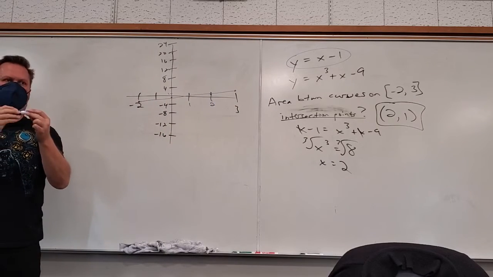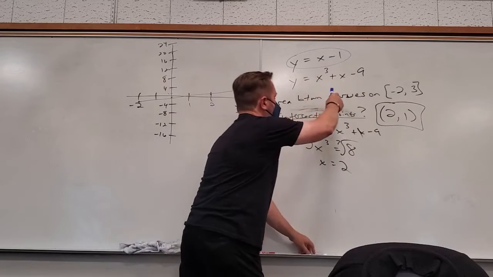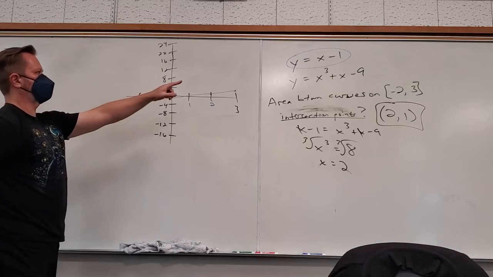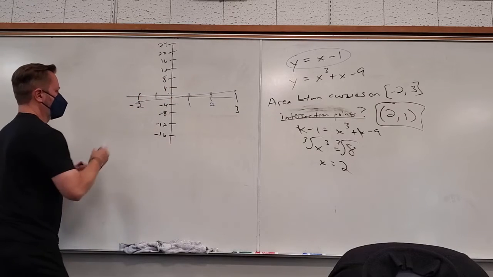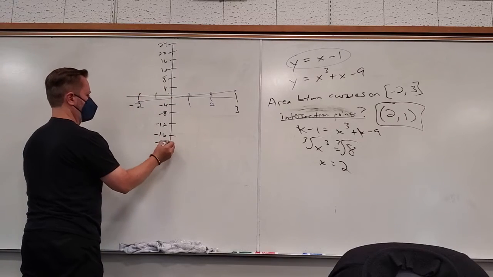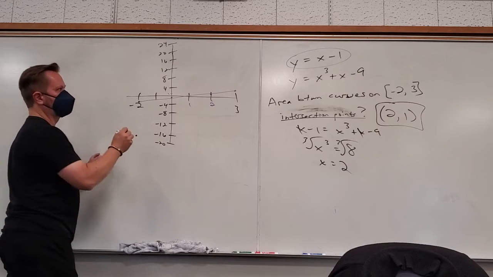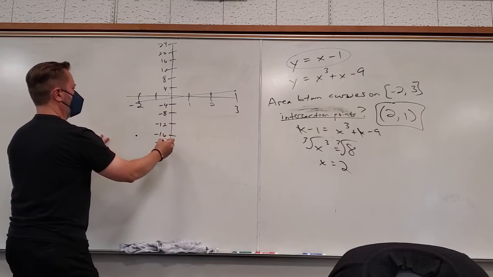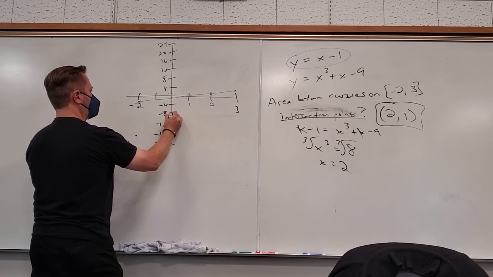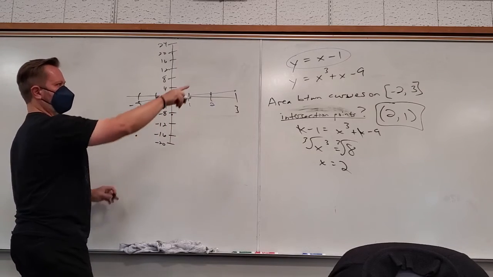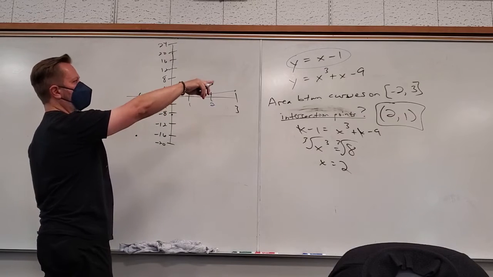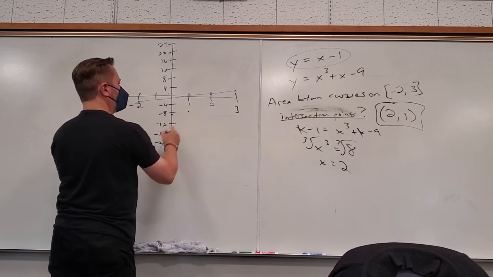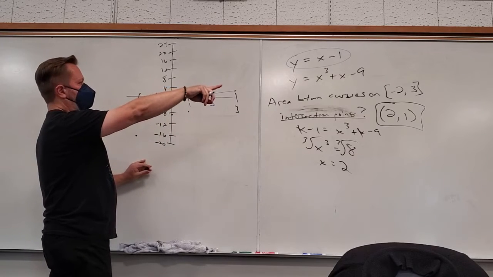So what does x cubed plus x minus 9 look like? At -2, we just figured this out earlier, it's -19. Then let's do a few more. At 0, it's at -9. At 1, it's 1 plus 1 is 2, minus 9, so -7.